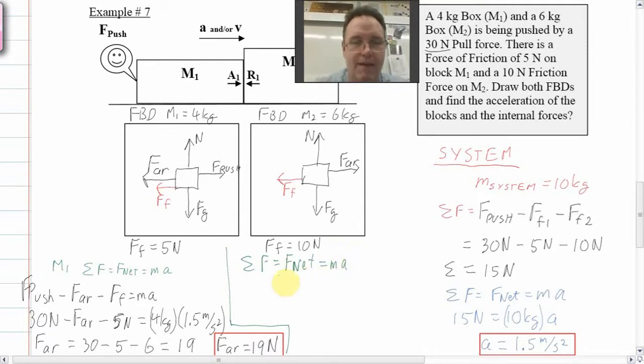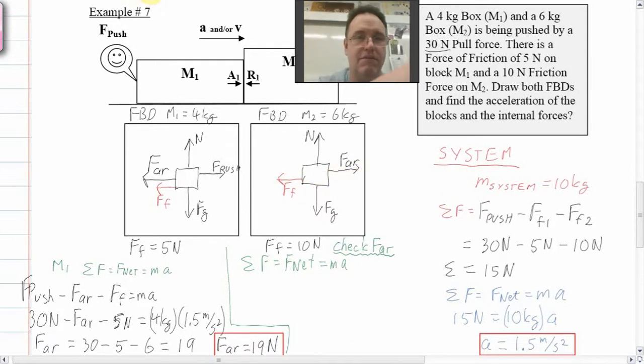We're going to check on this one, and we're going to solve for FAR again. We have it, but we're going to see if it's 19 on here. So again, this is the direction of motion. FAR minus the force of friction is our net force.